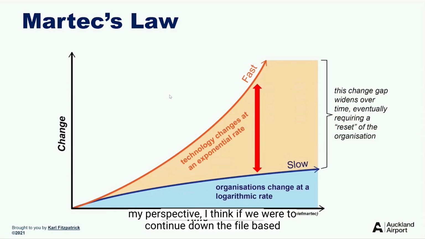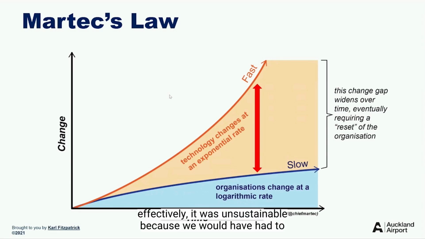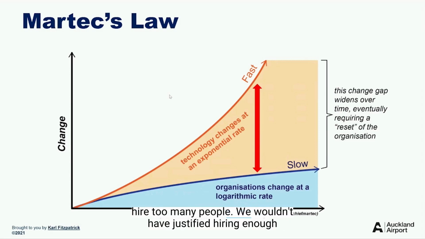From my perspective, if we were to continue down the file-based path of managing multiple models within the business, it would have been unsustainable, because we would have had to hire too many people. We wouldn't have justified hiring enough people to keep up with the model and the data input, and it just becomes a complicated process.